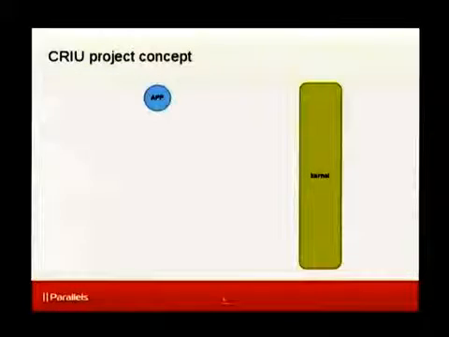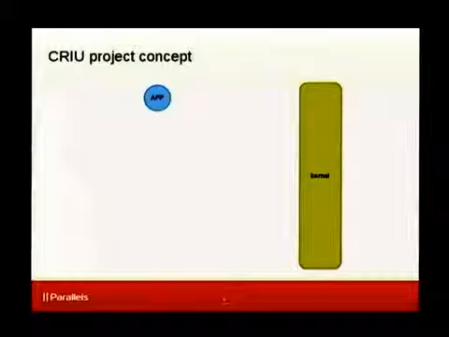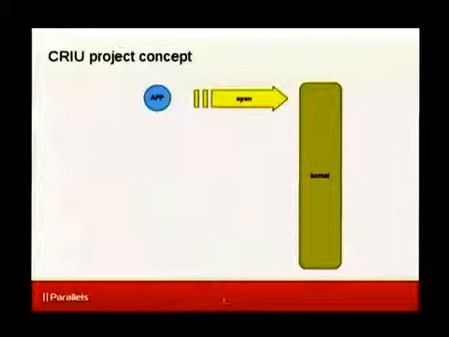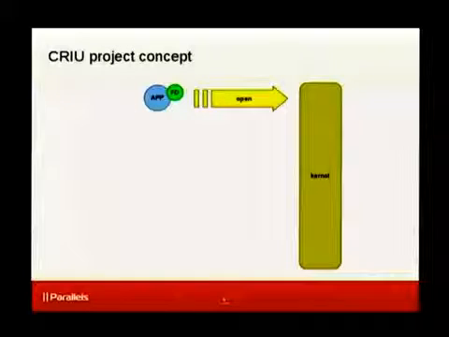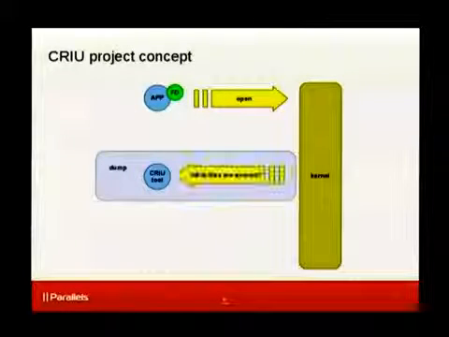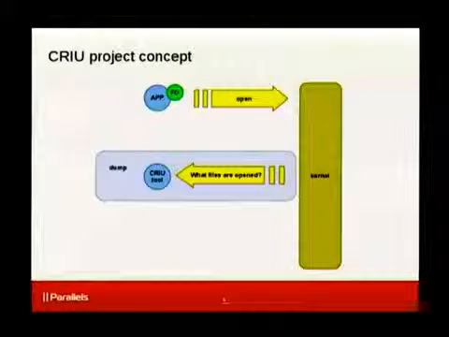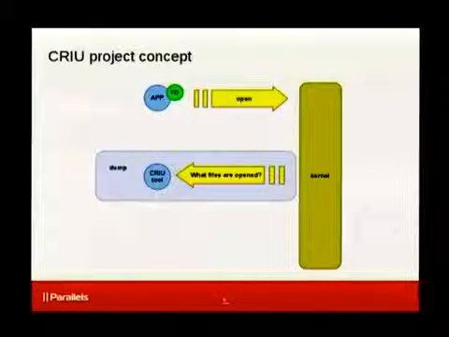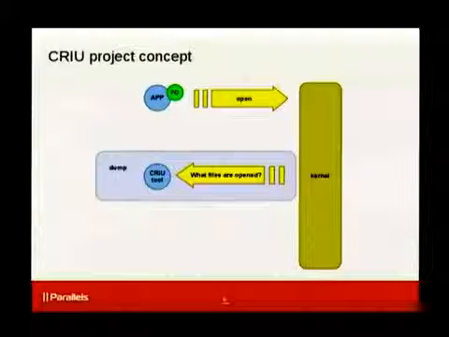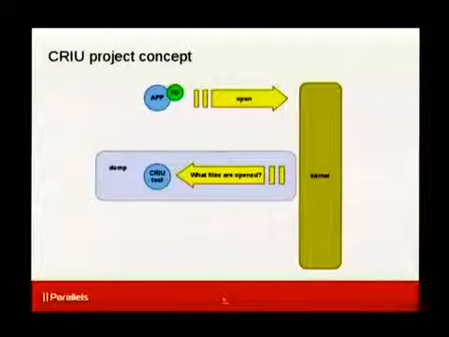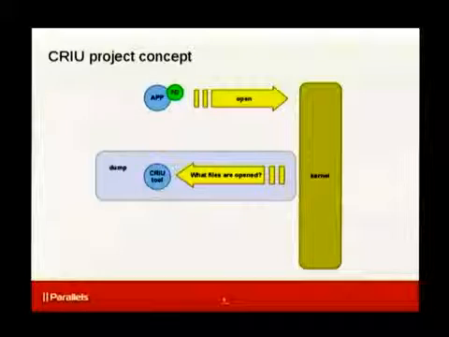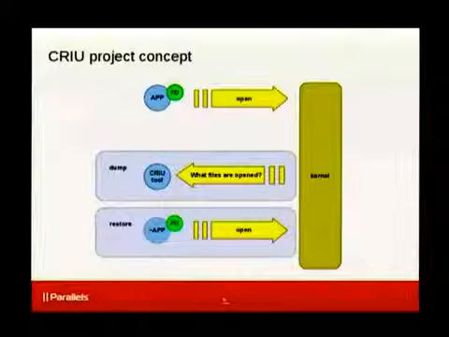To do this, we basically do two core things in the project. If we have an application and it requested the kernel to turn it into some state, for example, it called an open system call and obtained the file descriptor, in order to dump this particular state, we need to ask the kernel which files are opened by this particular application, or what resources this application has, in which state these resources are, how they are shared, what the identifiers are, and so on and so forth.